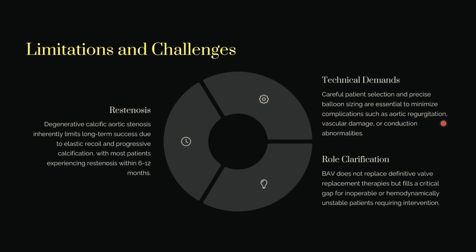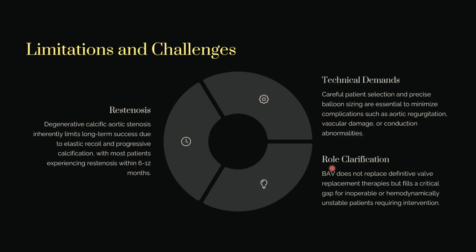What is that? It refers to a condition where the aortic valve, which separates the aorta from the heart's left ventricle, doesn't close properly. This allows the blood to leak backward from the aorta into the left ventricle during diastole, means when the heart actually relaxes, and also vascular damage and conduction abnormalities.